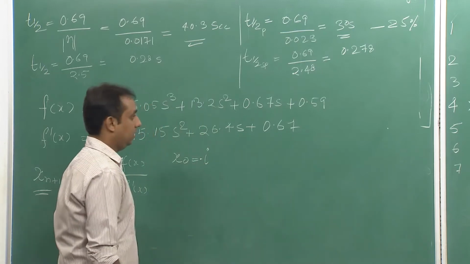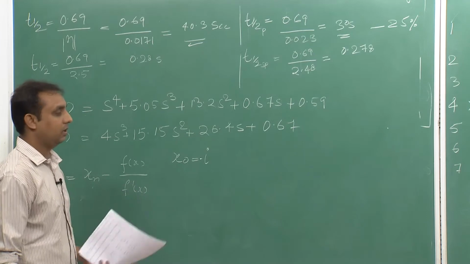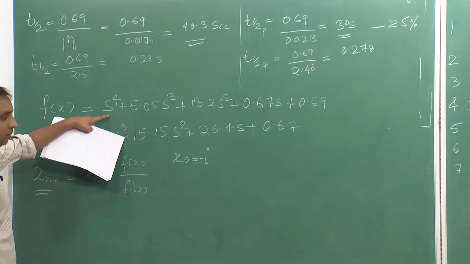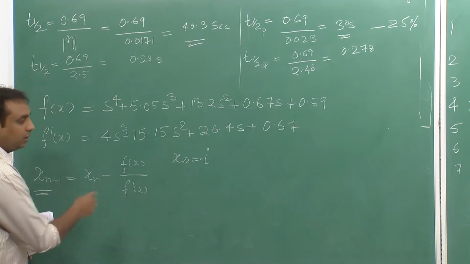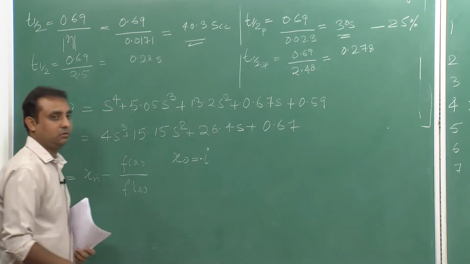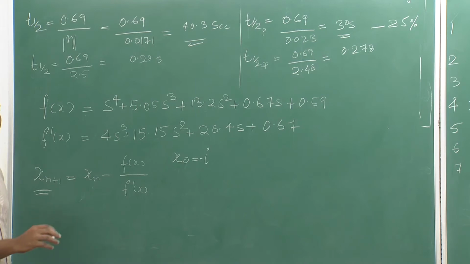Now, this was for the first pair of roots. If you want to derive the second root or the second conjugate root, you have to change the initial value of x naught to some higher value, because the Newton-Raphson rule will converge to the nearest root.